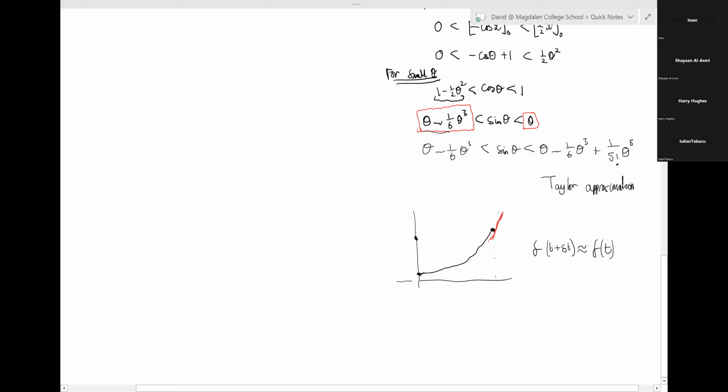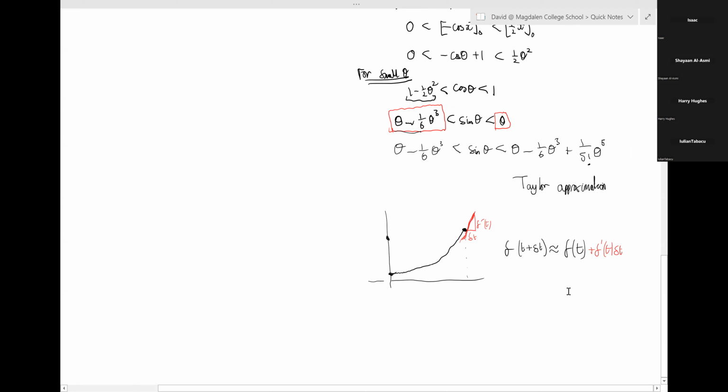And if you just take into account the first derivative, then you would change in line with the tangent. And so your change would be f dash t delta t.